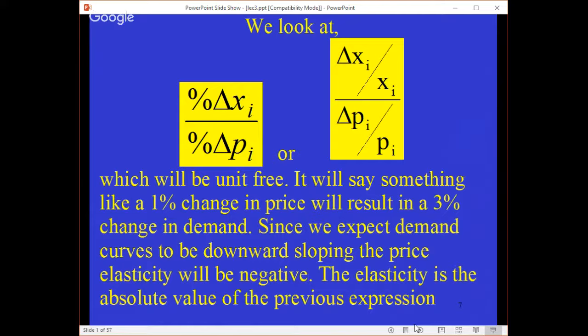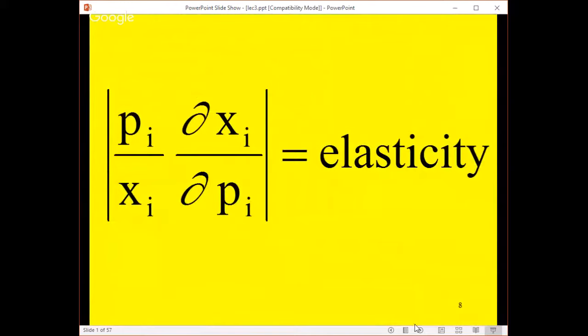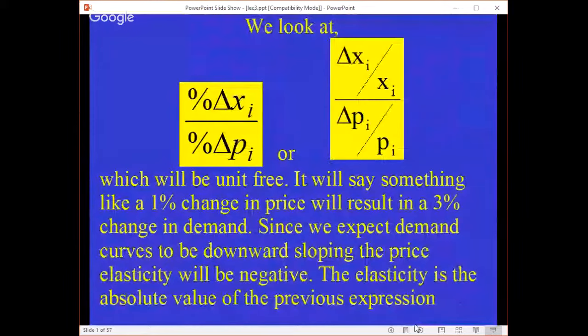Now that I have this, right? I can do a little algebra, and I get something like this. So writing on the board, I have the change of xi over xi divided by the change in pi over pi.